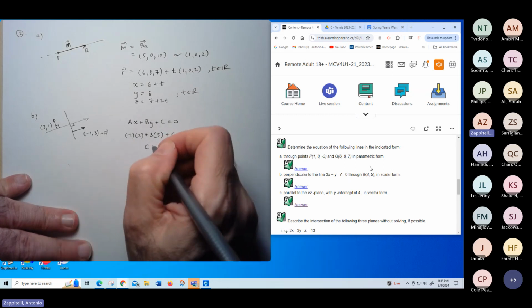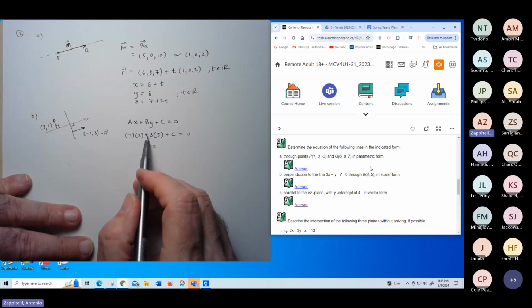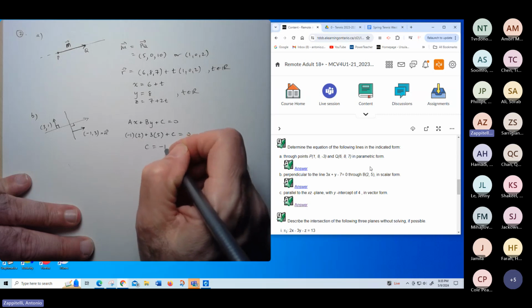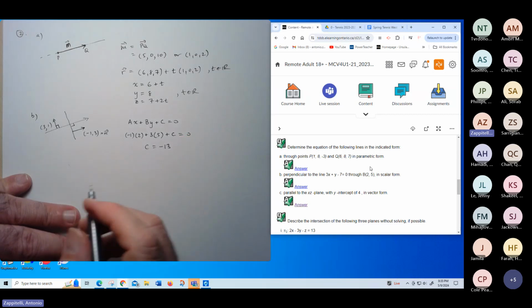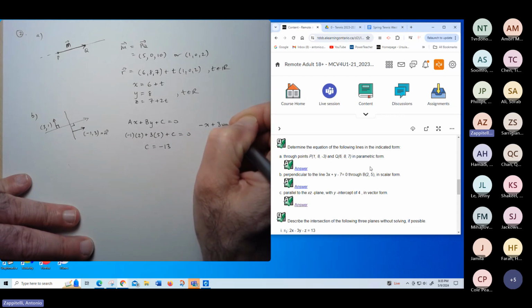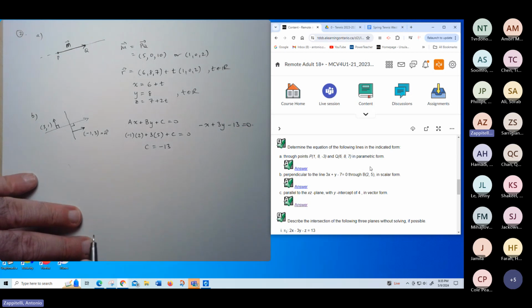So c is going to be equal to, so what do we have? Here we have negative 2 plus 15 is 13. Bring that to the other side, negative 13. And so my final equation is negative x plus 3y minus 13 equals 0.